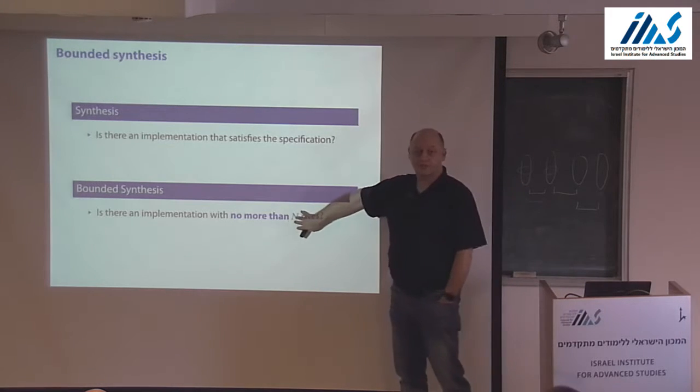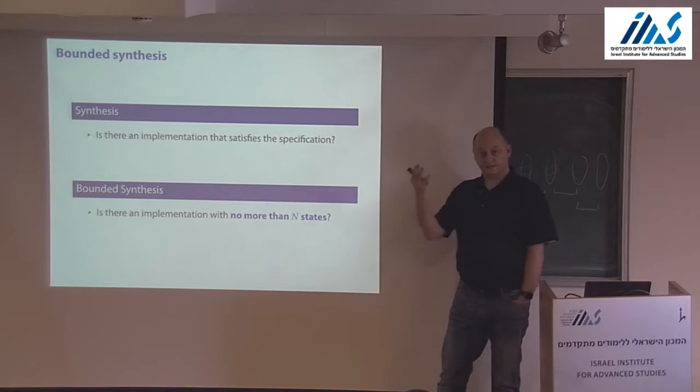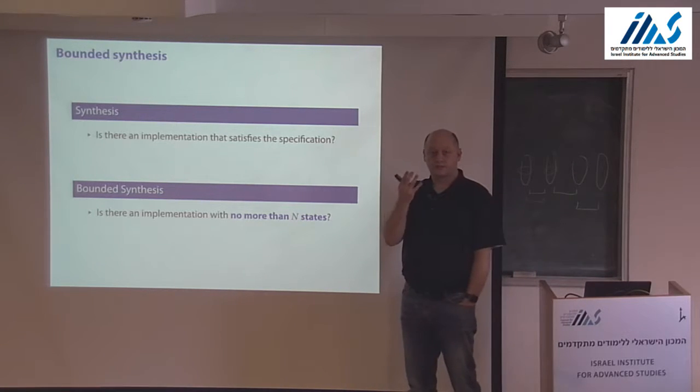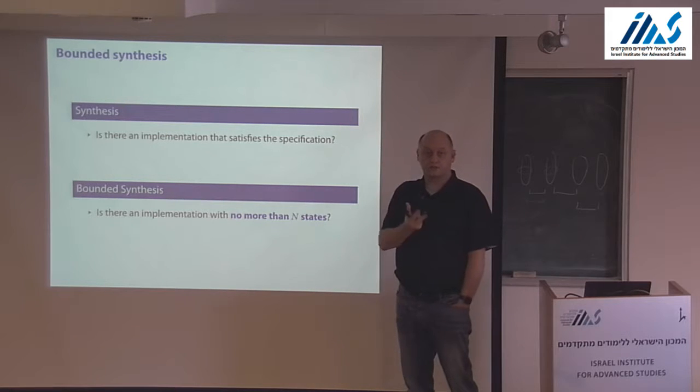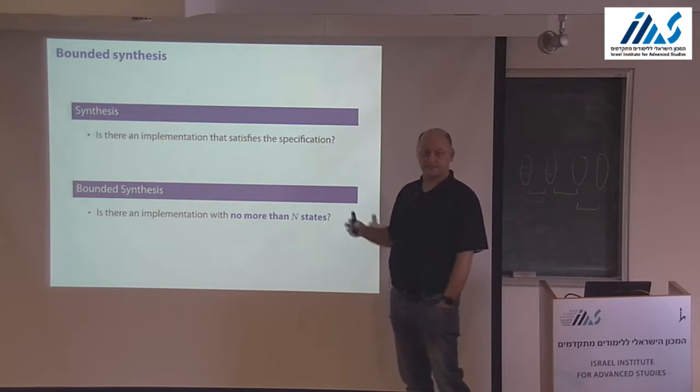But now we have this other parameter, the size of the output, that we can also look at in order to determine the complexity. And if you think about it, this is fair, because in verification, we would measure the complexity not just in the size of the formula, but also in the size of the system. In synthesis, so far, we didn't have the chance to do that because we only had the specification.